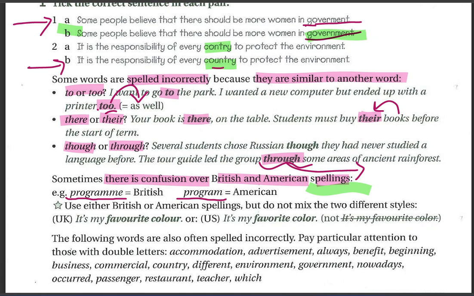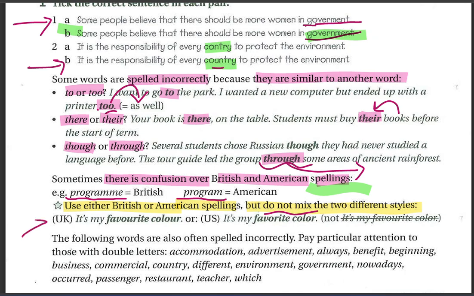Okay, let's answer this question. Use either British or American spelling, but do not mix the two different styles. So, both of them are correct, but you should choose one. If you want to write in American, use all the words and dictations and spellings in American, not one of them British, one of them American. Okay, so use one and do not mix them.